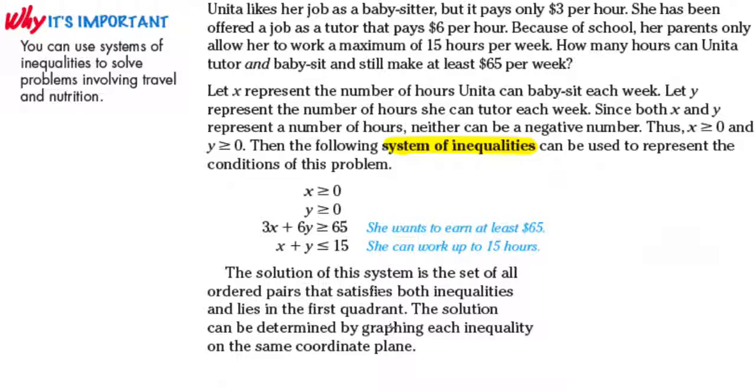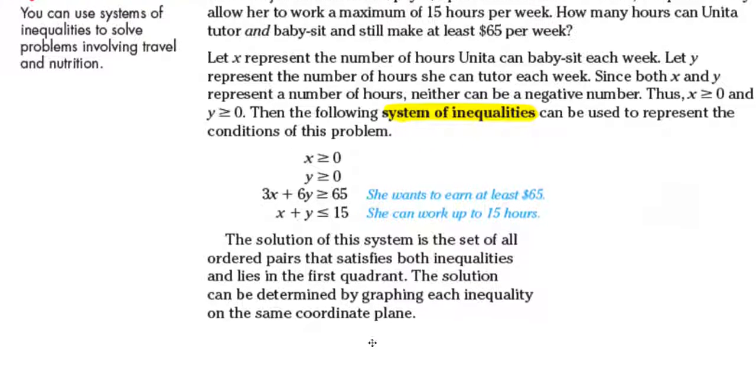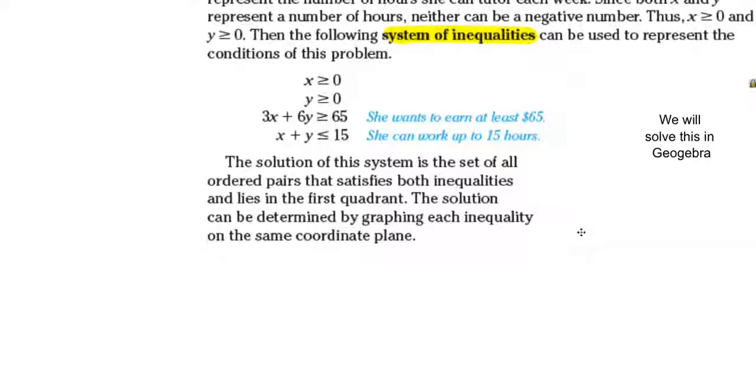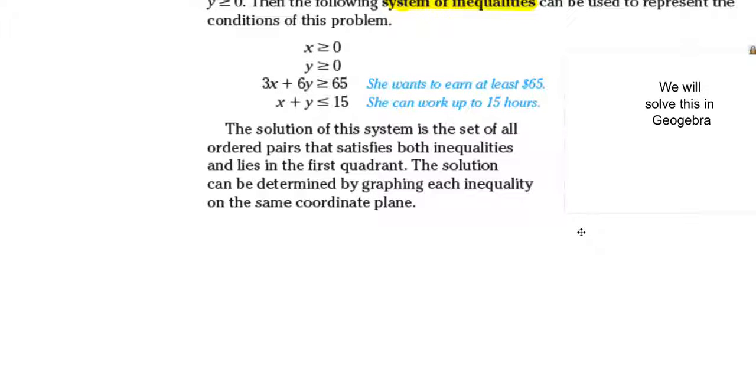The solution can be determined by graphing each inequality on the same coordinate plane. Now before we do that, let's recall this. We will solve this in GeoGebra, we'll open that up. Let's recall one thing.